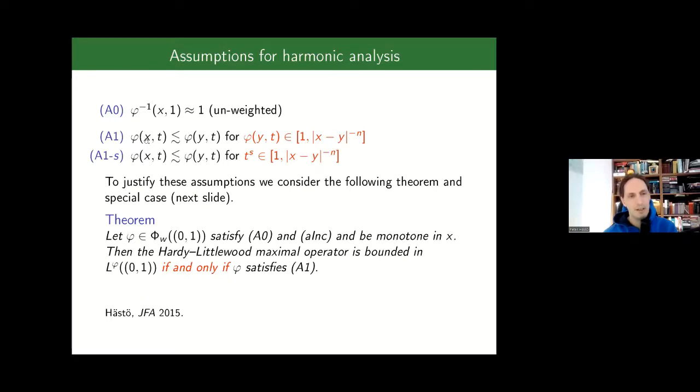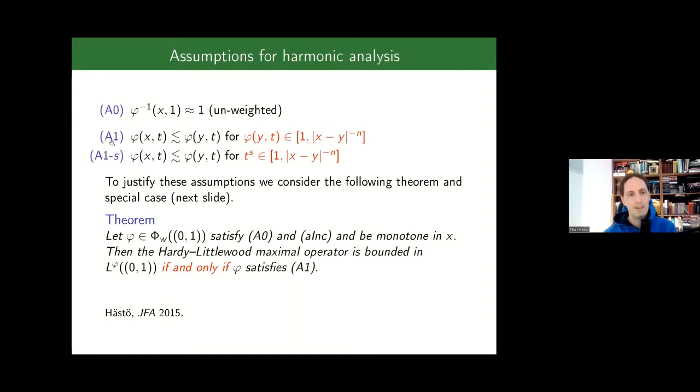So the A1 condition says that we can compare the value of the function at different points x and y, but this cannot be done for all values of t, only for a certain range. And that may seem kind of trivial or not so important, but actually it turns out that this range condition is crucial in this theory.